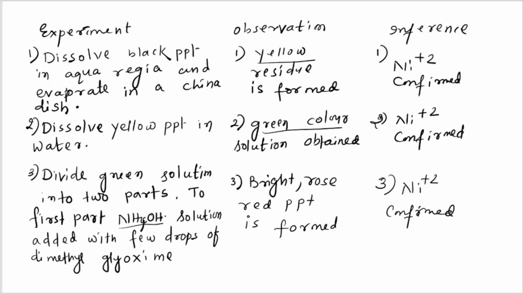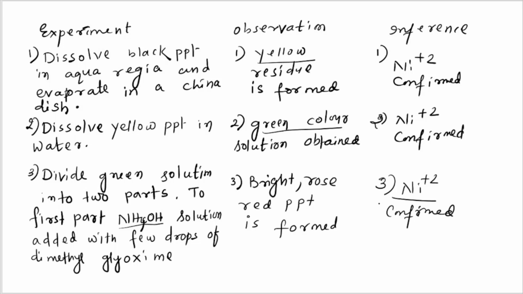You remember, nickel, Ni+2, has only one very, very important reaction, that is with dimethylglyoxime. Then a bright rose red precipitate, bright rose red. It looks like rose red, a bright shining color, and the precipitate is obtained. Then Ni+2 is confirmed.